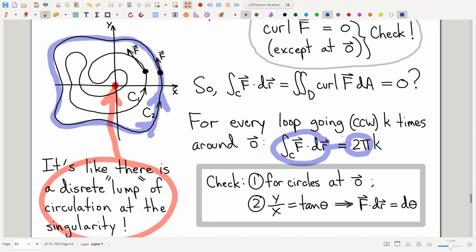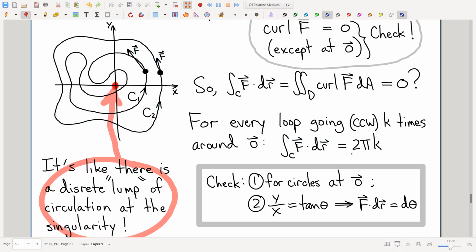Well, yeah, because on the inside there's no circulation density anywhere except at the point where we have a lump, a 2 pi lump of this stuff called circulation, and that's where that 2 pi comes from. It comes from that lump in the interior. That's a take, right? That's a point of view, and it works with any curve that you might want to talk about. So, for example, let's look at this other curve I have drawn on here.